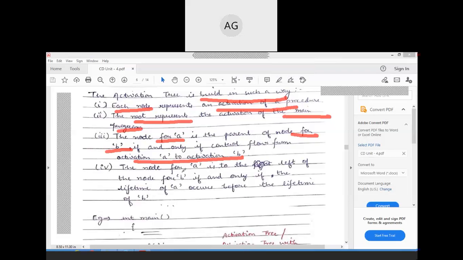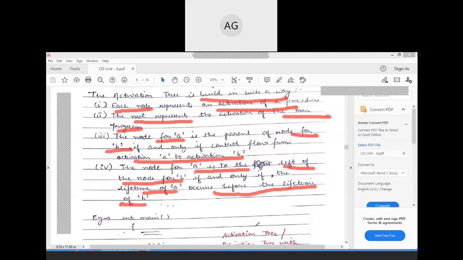The fourth is the node for A is to the left of the node for B if and only if the lifetime of A occurs before the lifetime of B.